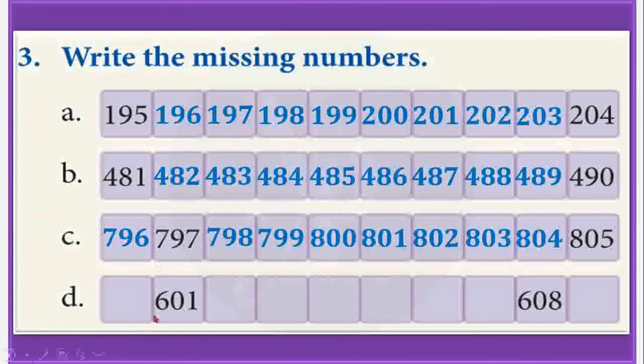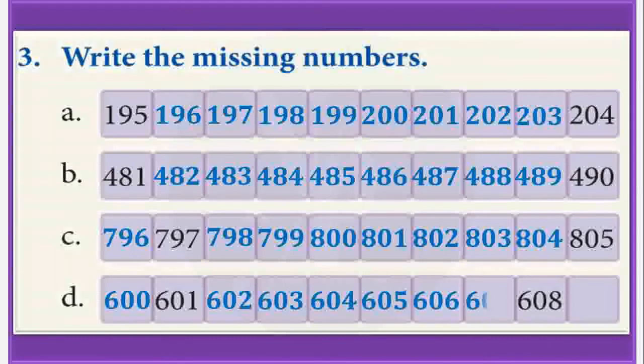Coming to D, the number just before 601 is 600, and after 601 you will get 602, and then 603, 604, 605, 606, 607, 608, and finally 609. So by writing all these numbers, complete this question.